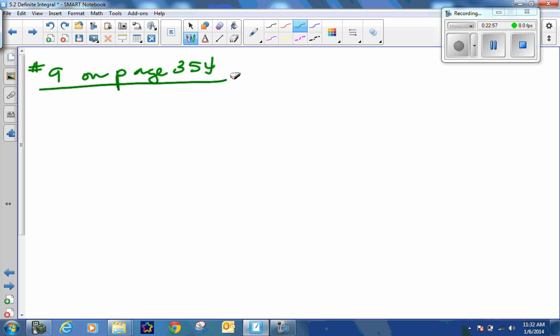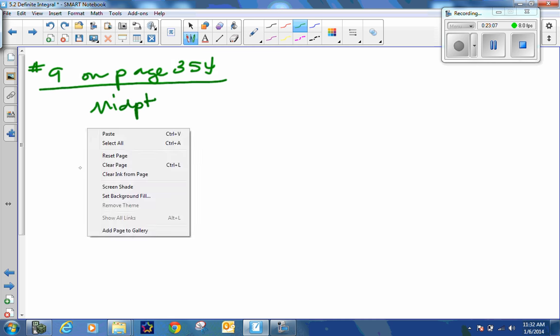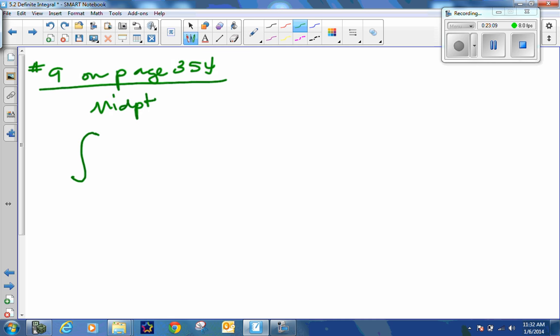We're going to use the midpoint rule with the given value of n to approximate the integral. So your problem looks like this: you're taking the integral from 2 to 10 of the cube root of x cubed plus 1 dx, and it says n equals 4.